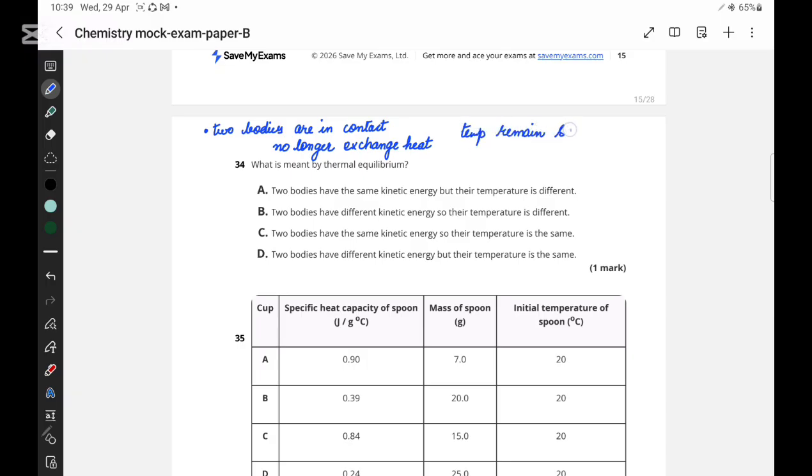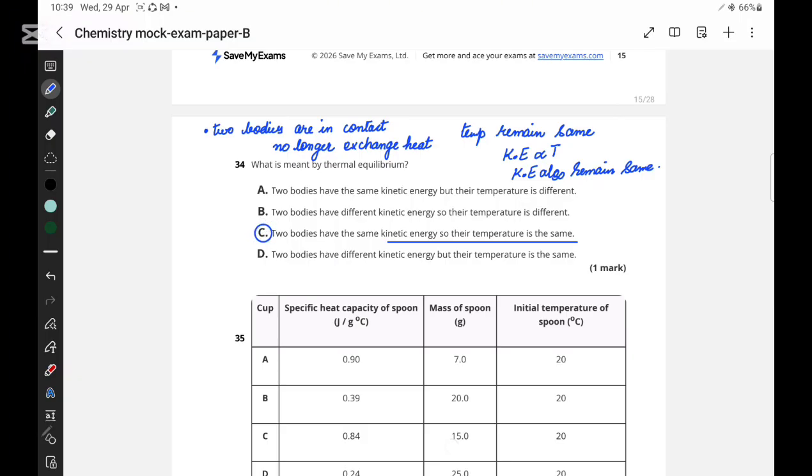And if temperature remains the same, then kinetic energy also remains the same, because kinetic energy is directly proportional to temperature. So the option is basically C. Two bodies have the same kinetic energy, so their temperature is the same.